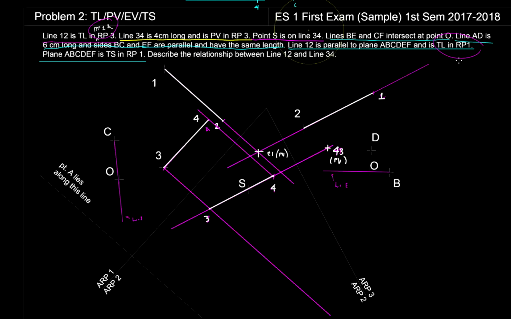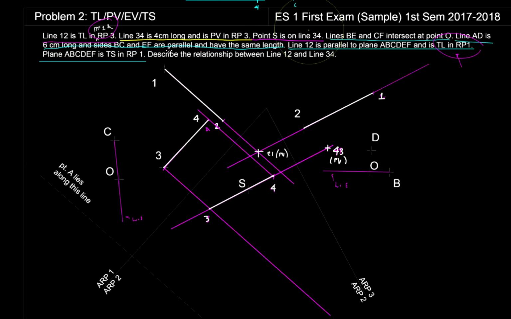You actually need this other information, no? Ito true length siya in RP1 para ma-find out niyo itong answer na to. Okay? So it always helps when you are doing geometric constructions, you always read the entire thing first. Tapos, kung merong mga nakakalito na parts, try to read the other instructions kung makakatulong siya sa entire problem, no?